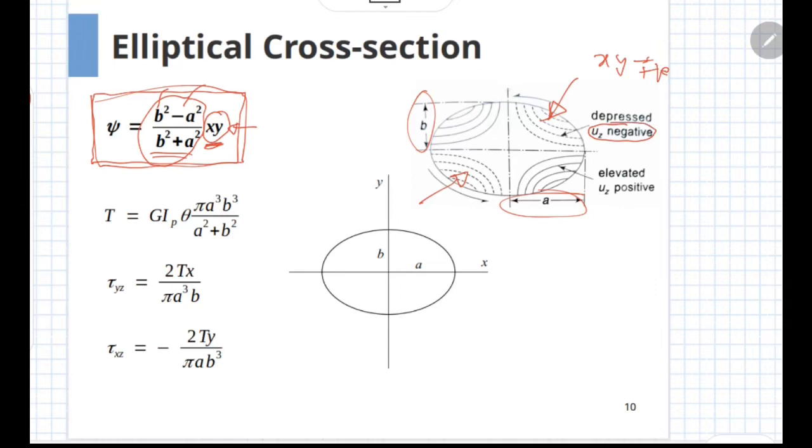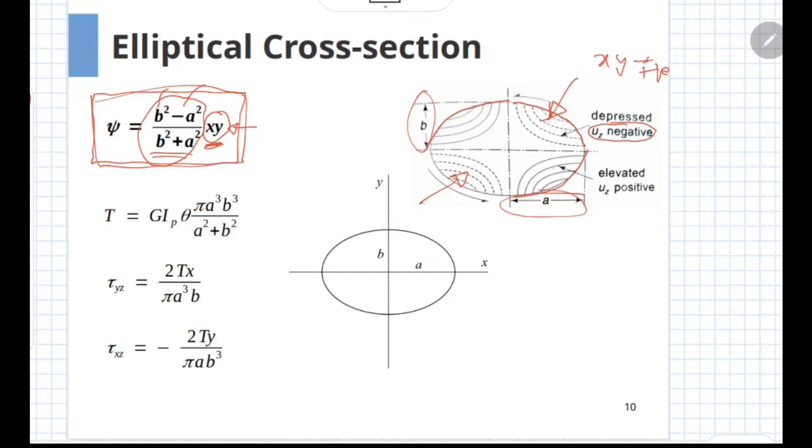So in these quadrants, the surface will warp inside, and in the remaining two quadrants where the product is negative, the warping function will be positive, and these two surfaces will warp outside.